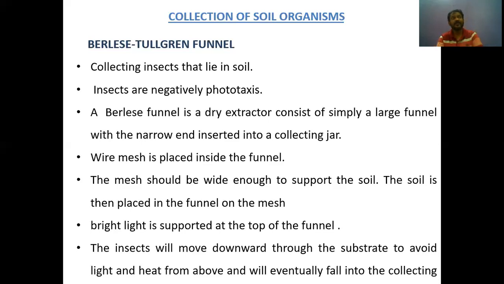Taking advantage of the insects' negative phototaxis, this Berlese funnel is used for collecting mostly soil organisms. The Berlese funnel is nothing but a dry extractor consisting of a simple funnel with a narrow end.